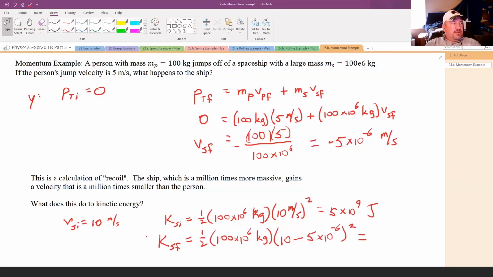I'm going to try to do the calculation with as much accuracy as possible, just by typing it directly into a calculator exactly as it's written there, and I get 4.99 5 000 times 10 to the 9 joules.